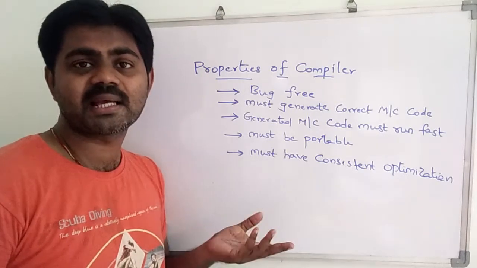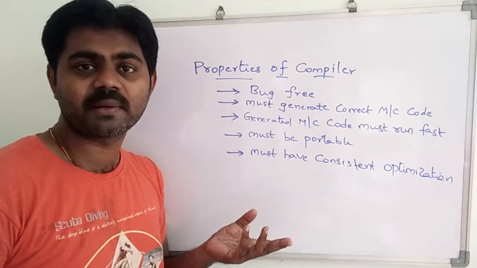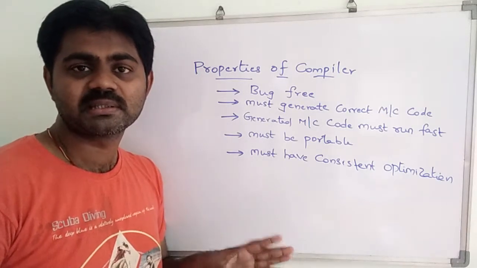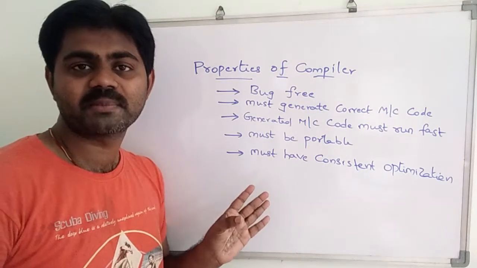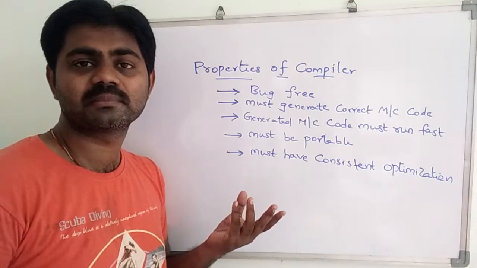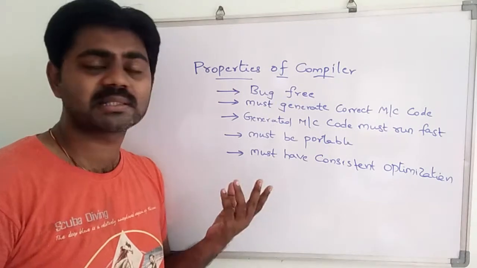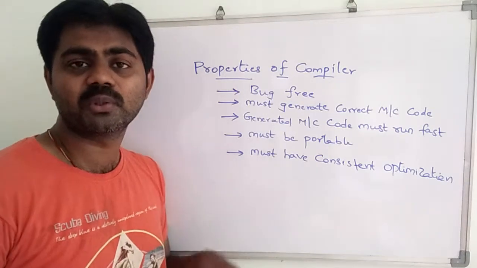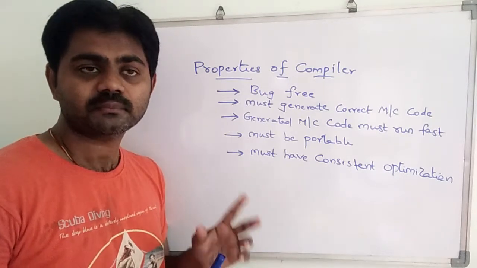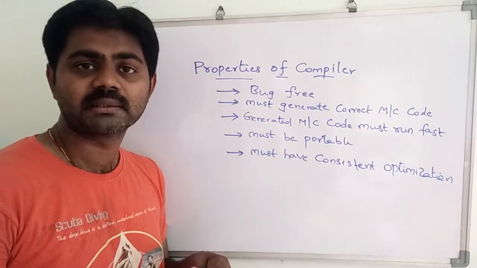And in my next class we'll discuss the phases of a compiler, which is most important. It is divided into 6 phases, including symbol table management and error handler. How your source program is processed and how you get your target output code is our concept. So I hope you understood the basics of a compiler.